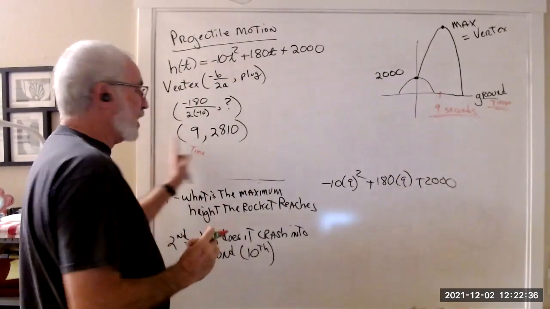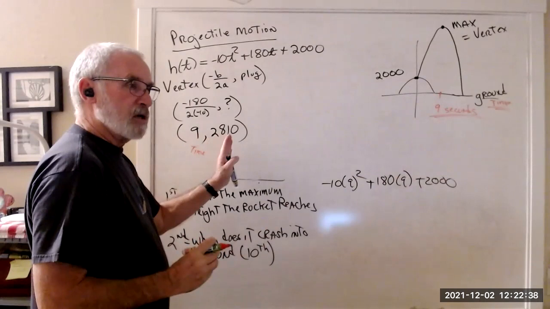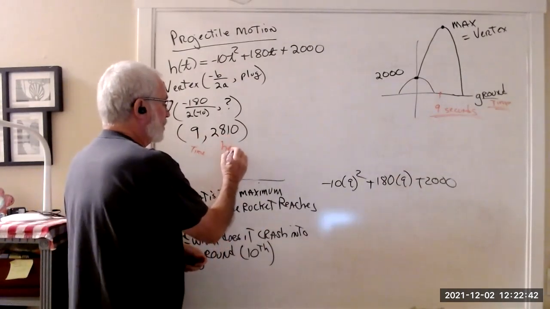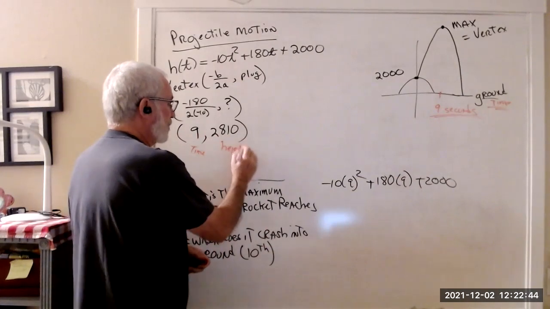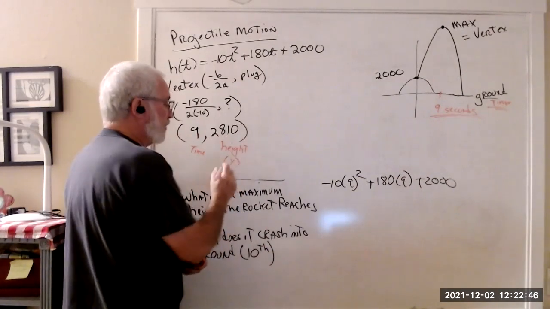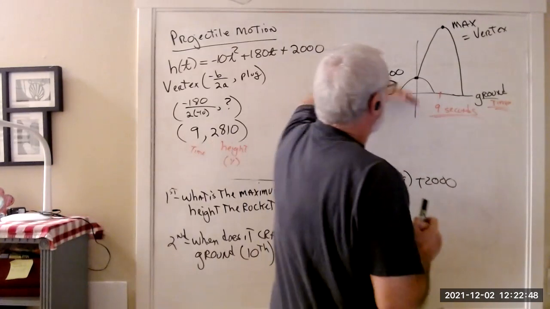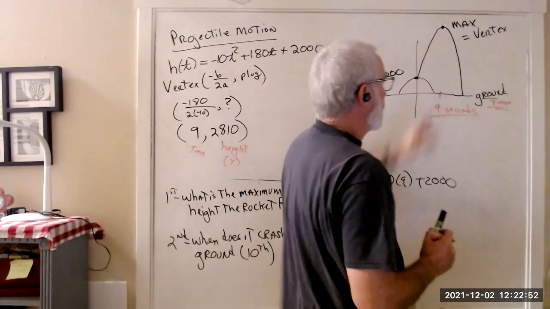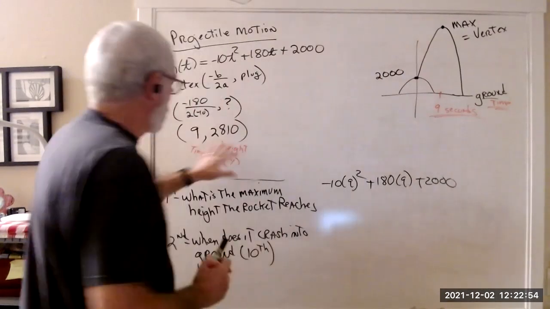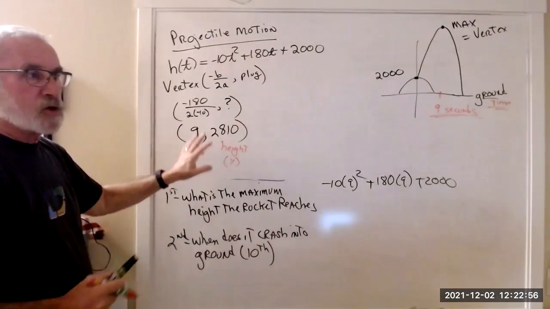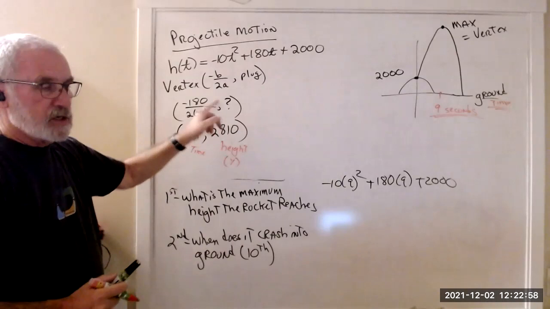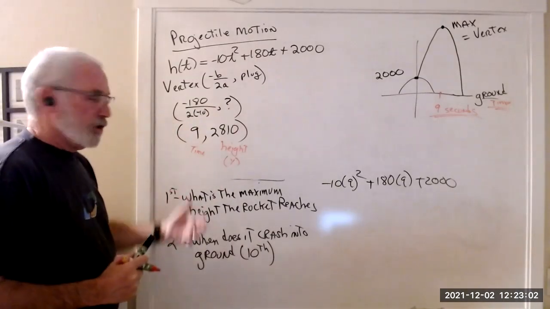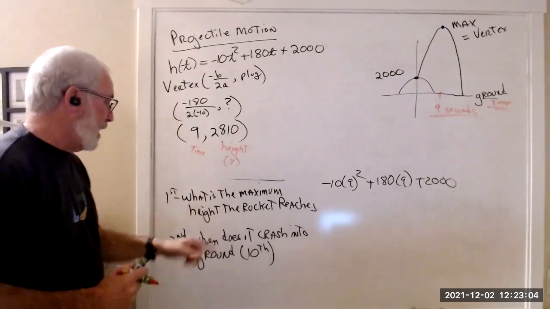So in 9 seconds, this is the height, or this is the y value. It went up this high, and that's height, or the y value. So your algebra, your arithmetic is correct. 9, 2,810. Yay. But what does it mean in context of this problem? How high?